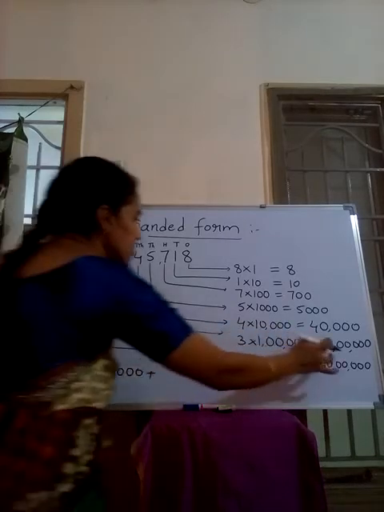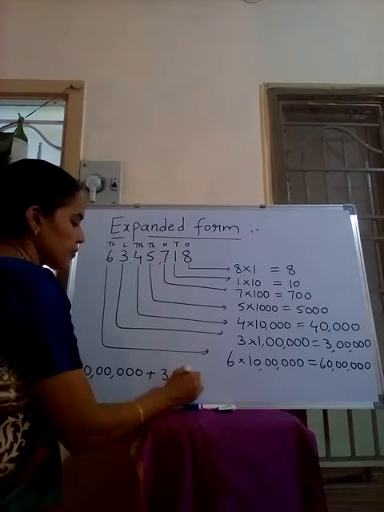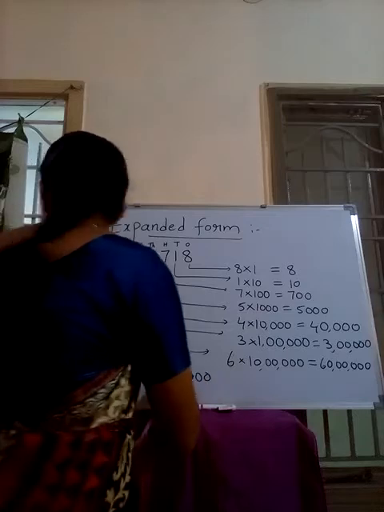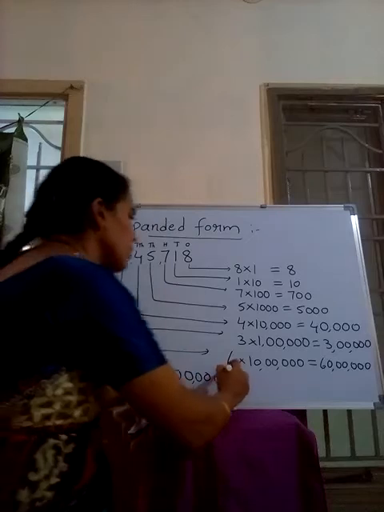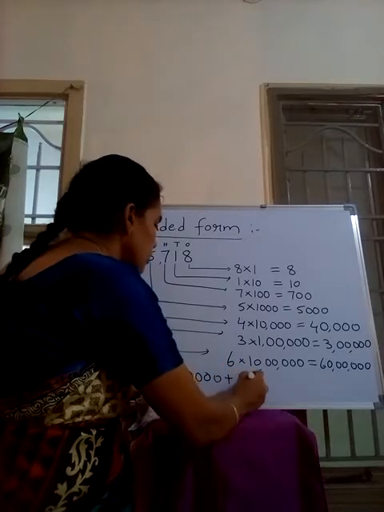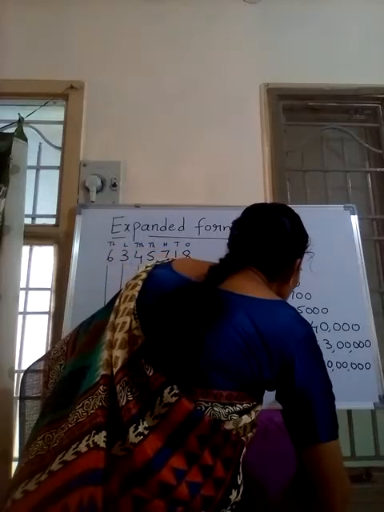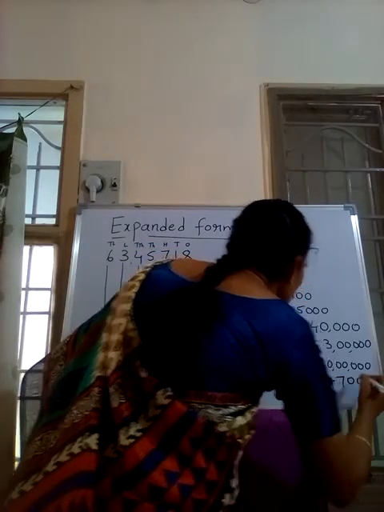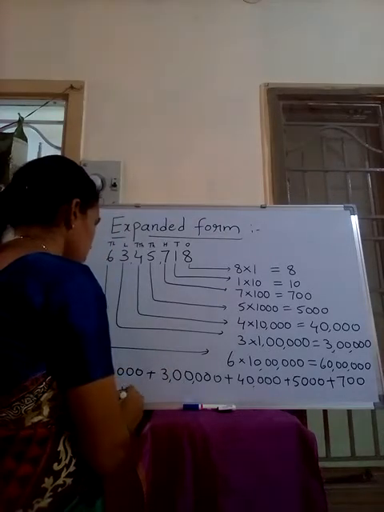After that we write 3 is there in lakhs place, 3 lakhs. After that we write 40,000 plus 5,000 plus 700 plus 10 plus 8.